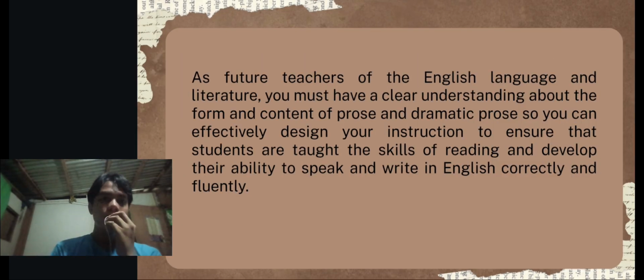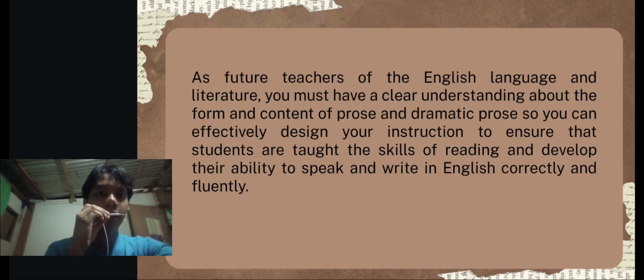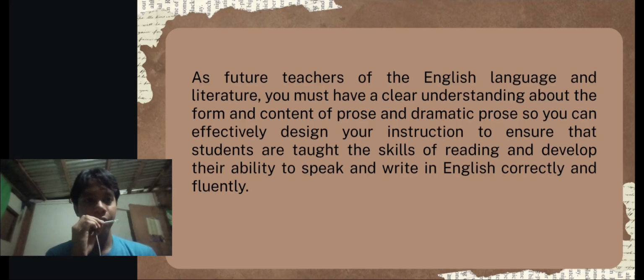So now, as a future teacher of the English language and literature, you must have a clear understanding of the form and content of prose and dramatic prose, so you can effectively design your instruction to ensure that students are taught reading and develop their ability to speak and write in English correctly and fluently.